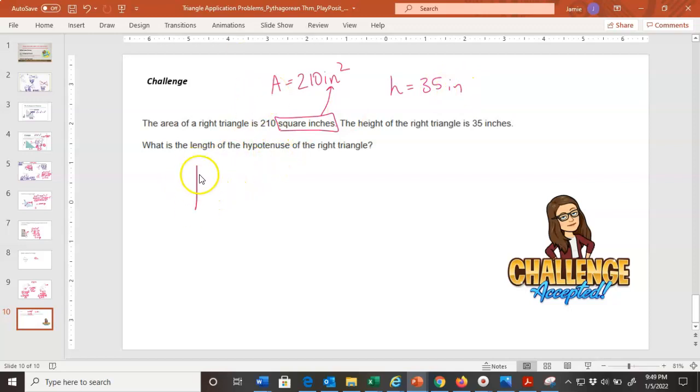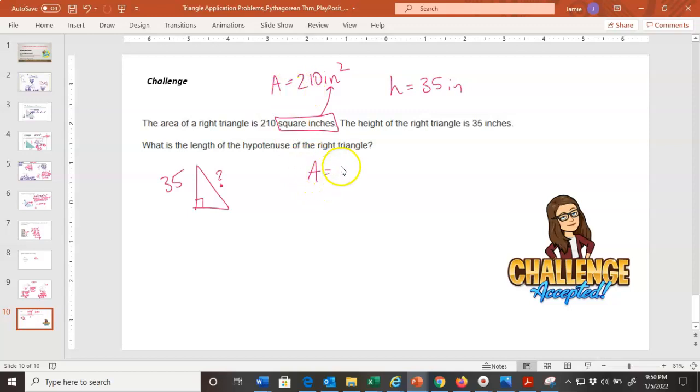So let's draw a triangle, a right triangle. And it tells us the height is 35, and it wants to know the hypotenuse. Well, in order to find the hypotenuse, we're going to need the other leg of this triangle. But all we have is the area. So let's use what we have.